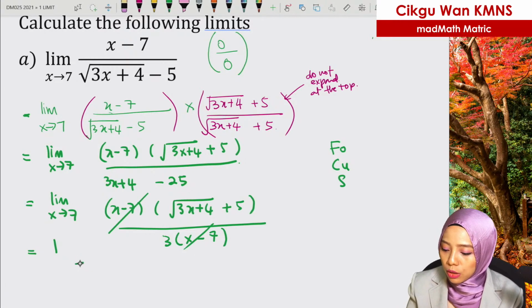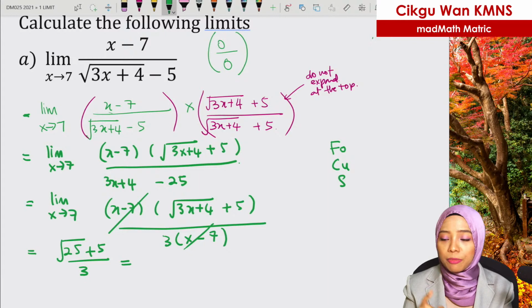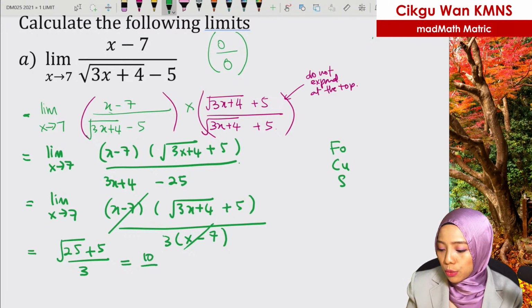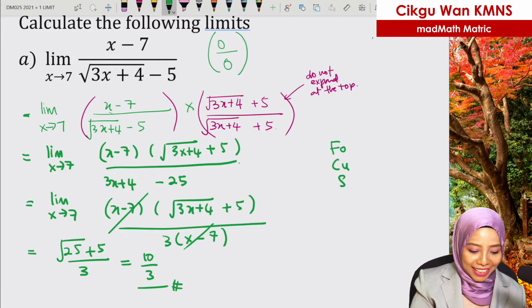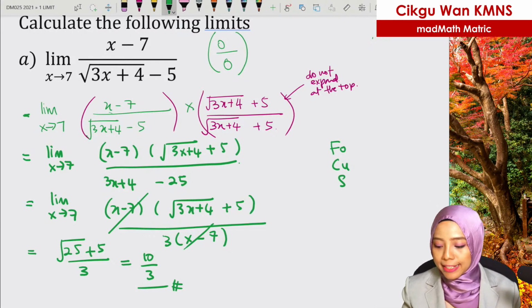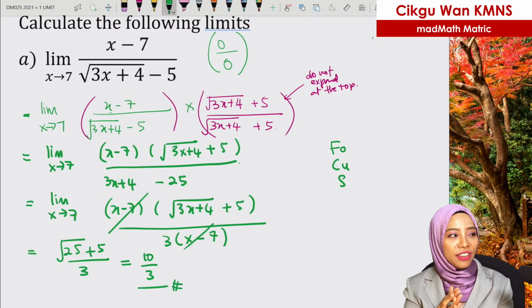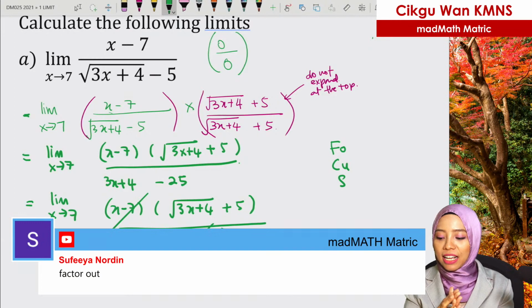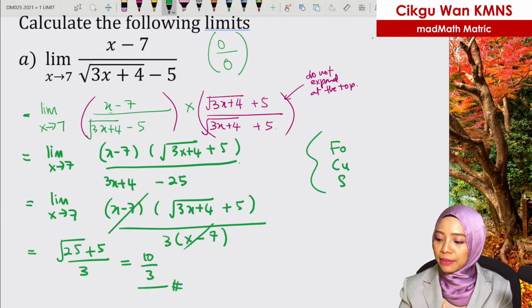So I directly substitute 7. 7 times 3, 21. 21 plus 4, 25, plus 5 over 3. So 5 plus 5, 10 over 3. Okay? Yes, 10 over 3. Yes, Sophia, factor out the 3. So you must remember my focus tips.